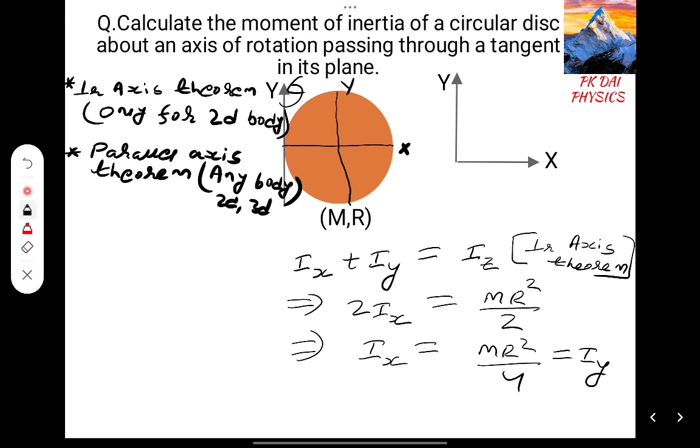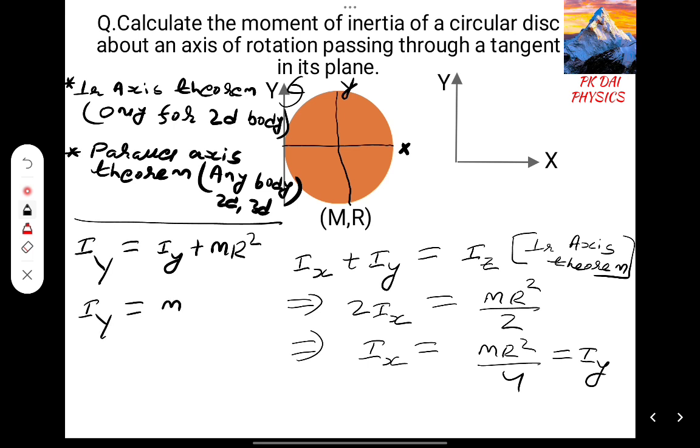The moment of inertia about the given axis is equal to the moment of inertia about this diameter plus the total mass of the disk times the square of the perpendicular distance between these two parallel lines, that is R, so mr square. So I is equal to mr square by 4 plus mr square.